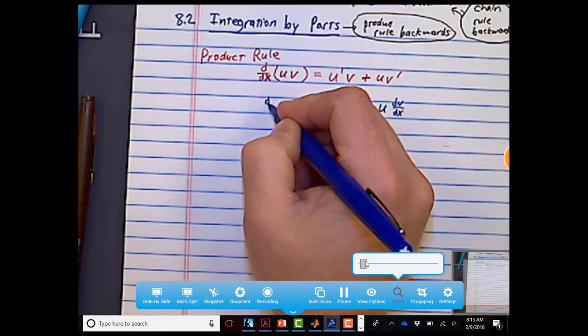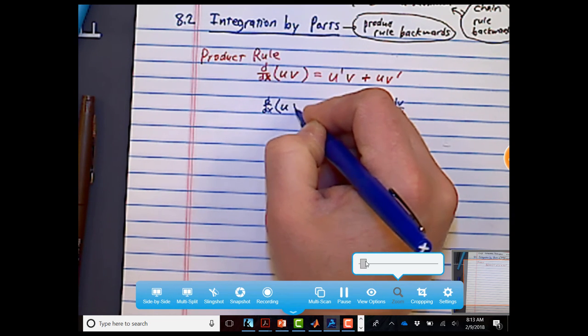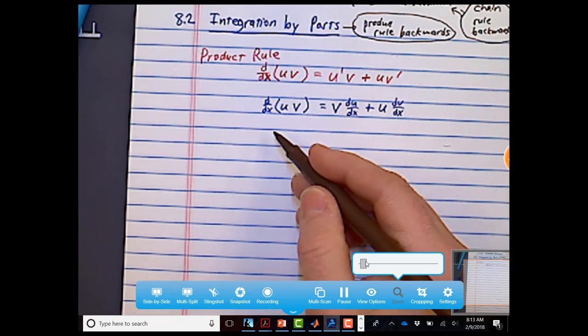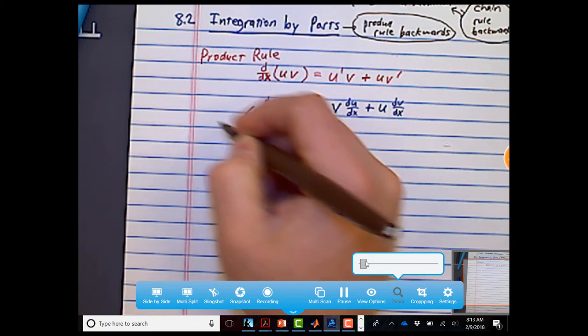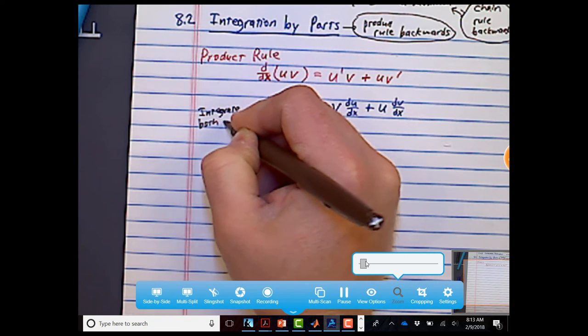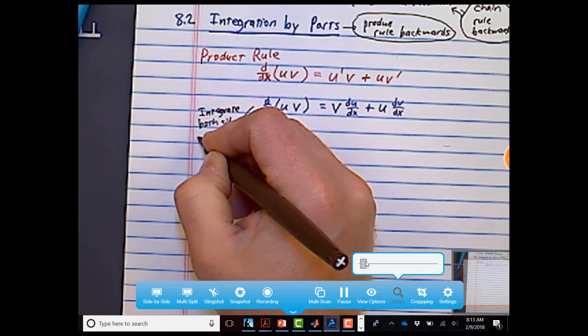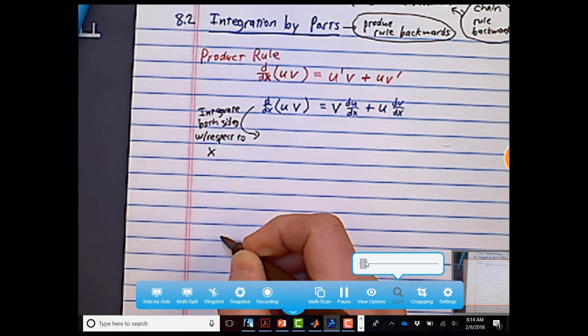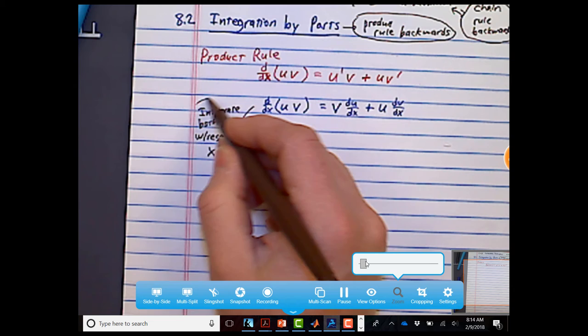And this is the derivative of uv. Okay? And next, what I really want to do here is integrate both sides with respect to x.